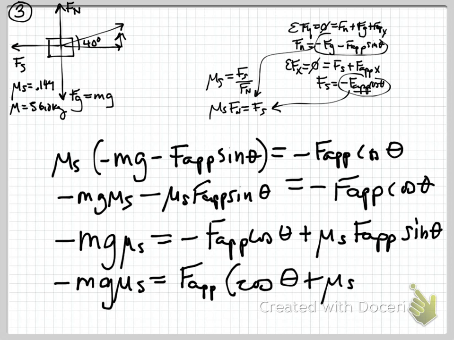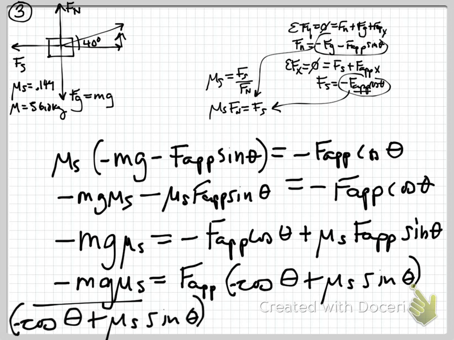Plus mu s sine theta. So now I can divide both sides by this expression, and I have the solution for F applied. So that gives me the solution for F applied.